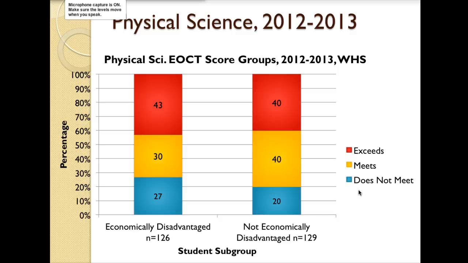As we look at physical science, though, now we don't have this data available for the student subgroup for the last school year, but if we look at the 2012-2013 school year, we do see that we've got a little bit of an achievement gap here between our students who are economically disadvantaged and those not economically disadvantaged. Economically disadvantaged has more students not meeting the standards, whereas not economically disadvantaged has fewer students not meeting the standards. So certainly something that we could look at more closely in our data teams.